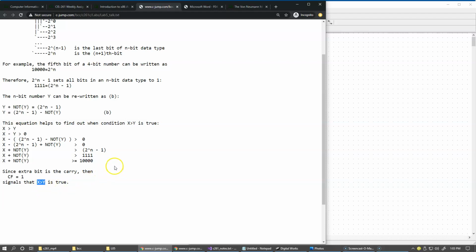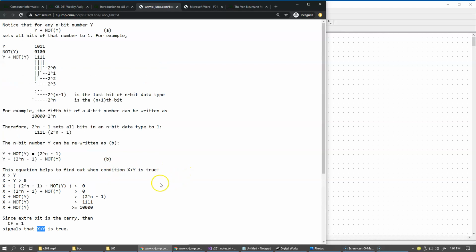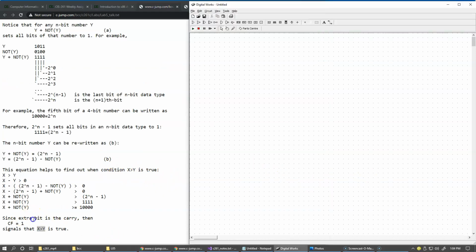So we're sort of ready to get started. Basically, the plan is to build a circuit which will implement this addition and look at the carry flag of the result, and this would be our first step in building this 4-bit magnitude comparator device.